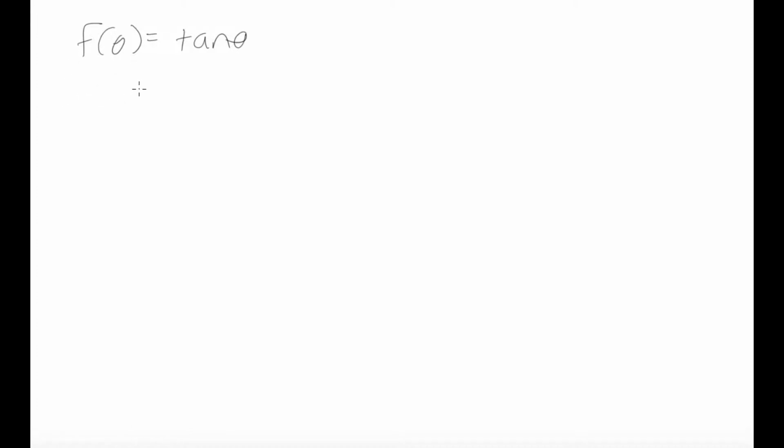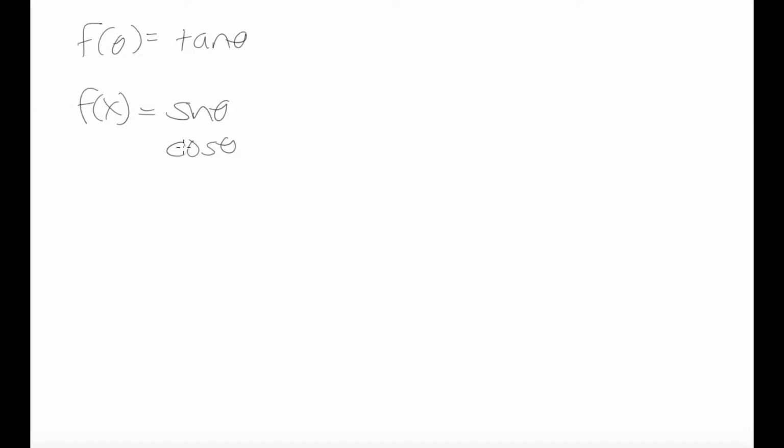Another thing that I just want to mention is I noticed in the last few videos I've been making a mistake in my terminology of f of x. So I've been referring to f of x and then writing down sine theta or cosine theta.